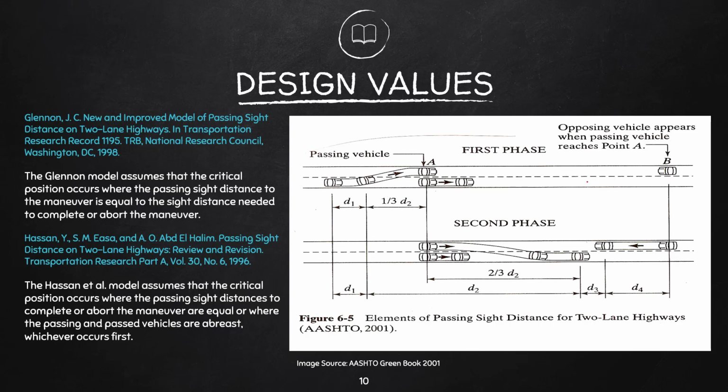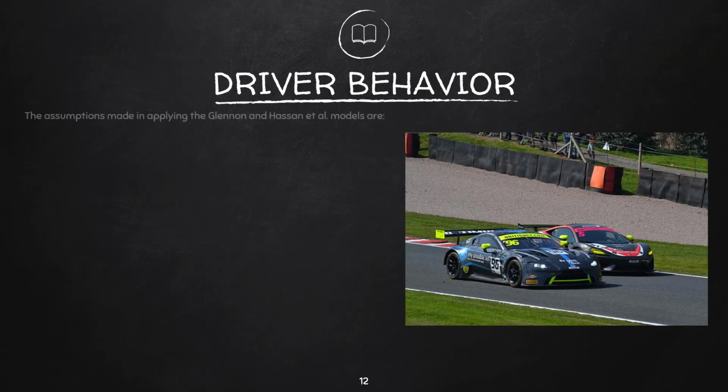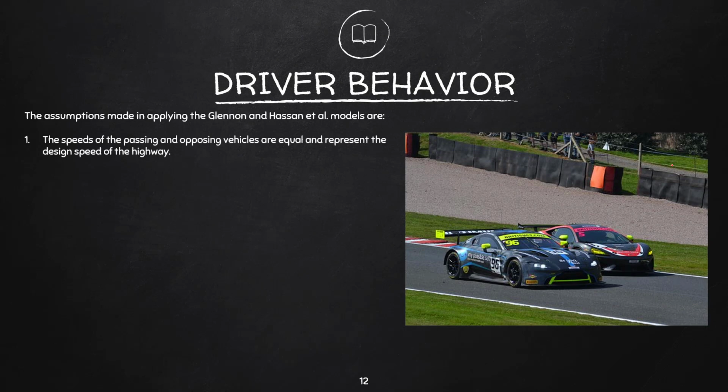The assumption is that the passing vehicle and the opposing vehicle operate under the design speed of that certain road section. It's just that the passed vehicle, or the vehicle that is being overtaken, is traveling at a lower speed. That is why there is a need to overtake.